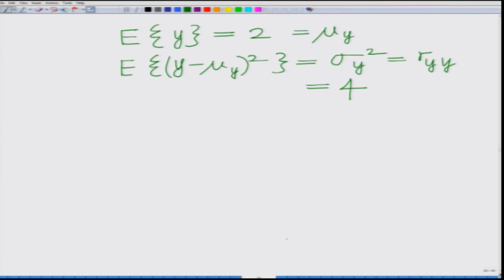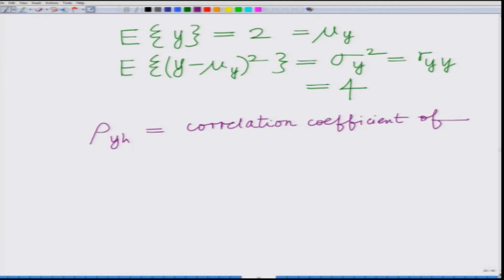Now, let us say the correlation coefficient rho of y comma h is 0.8.